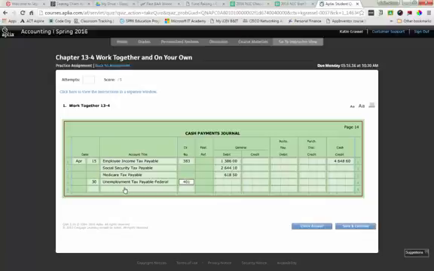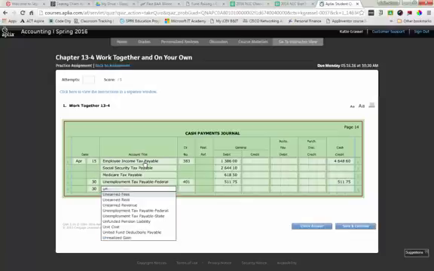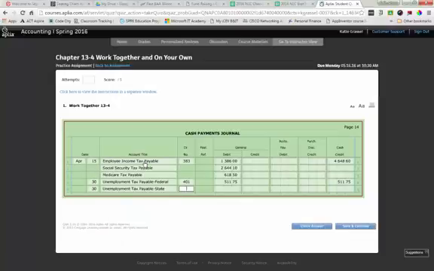Unemployment tax payable federal with check number 401 is going to be made out for $511.75, and that is just how much cash is going to be affected. My next transaction is going to be unemployment tax payable state, and that's going to be check number 402.